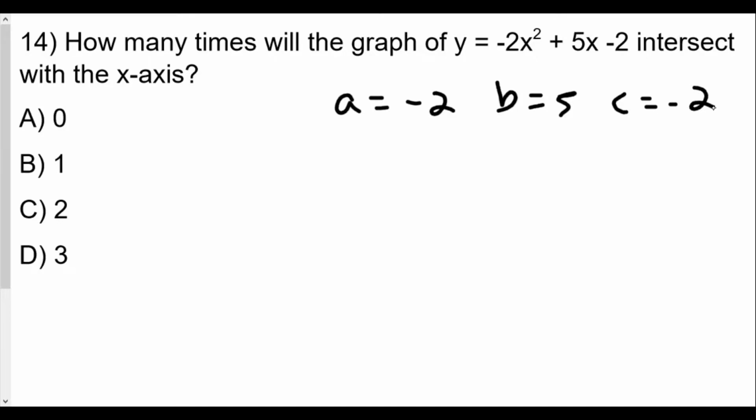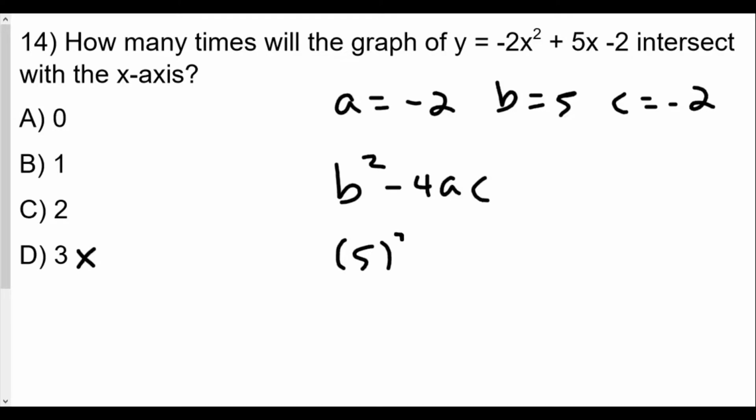The discriminant's going to tell us what kind of roots we're going to have here. If the discriminant is negative, then no times. The discriminant is equal to 0, one time, and the discriminant is greater than 0, two times, which means this is never a choice. So b squared minus 4ac.